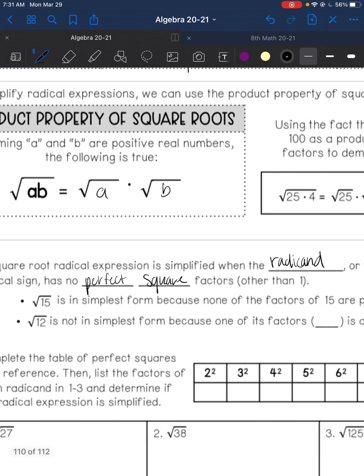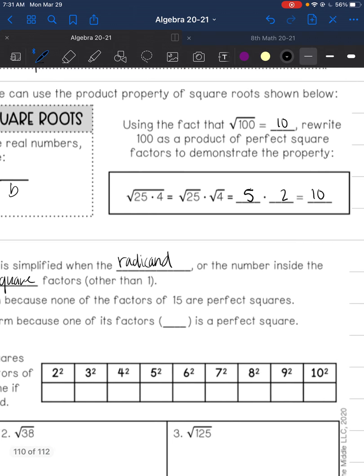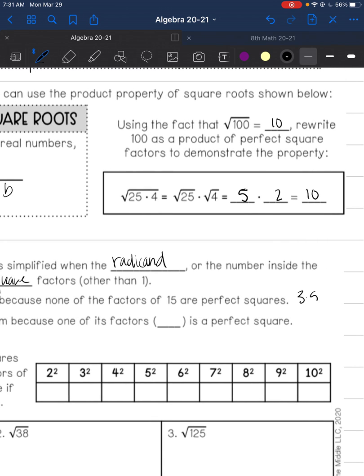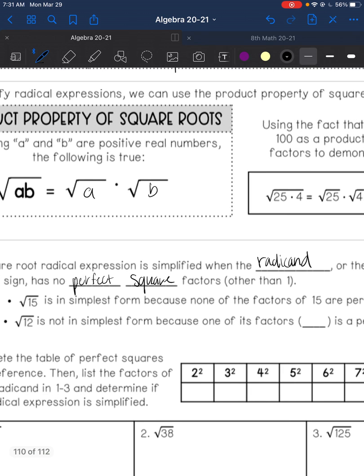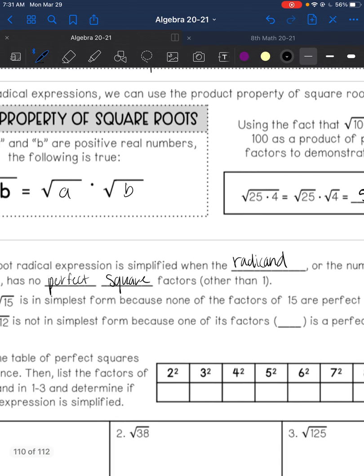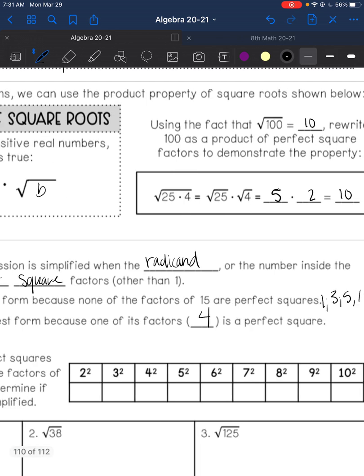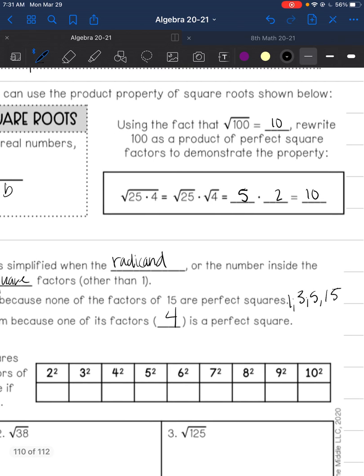This is the important part, this is where the assignments come in. 15 is in its simplest form because none of the factors of 15 are perfect squares. We've got 3 and 5 and 1 and 15. The square root of 12 is not in its simplest form because one of its factors, 4, is a perfect square, so we could take that out.